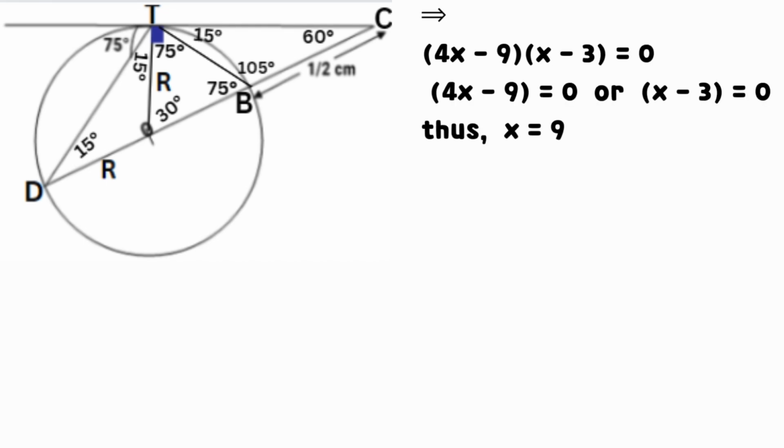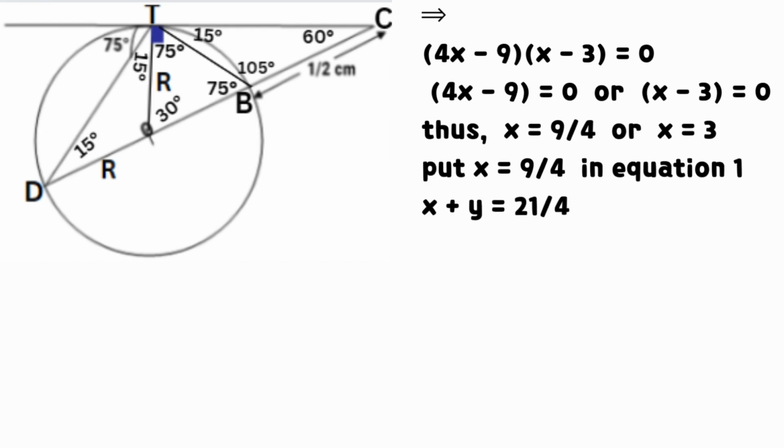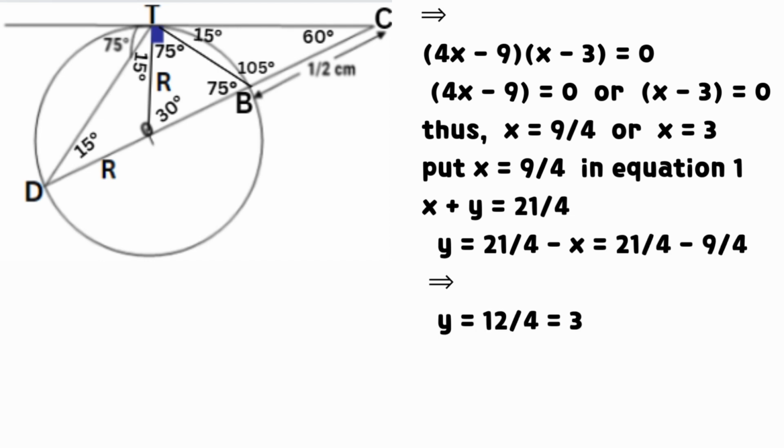This implies that either 4 times x minus 9 equals 0 or x minus 3 equals 0. Thus, x equals 9 divided by 4 or x equals 3.